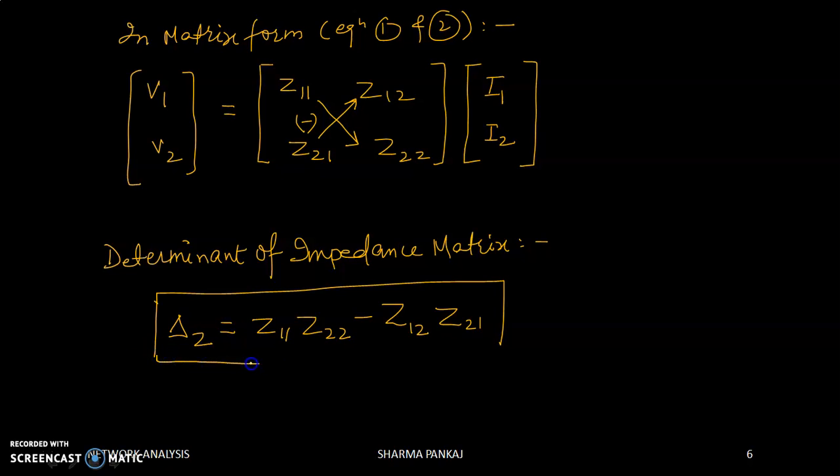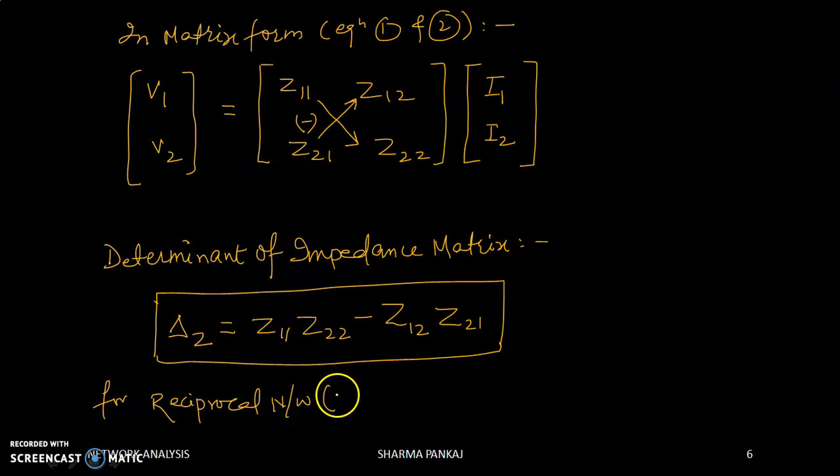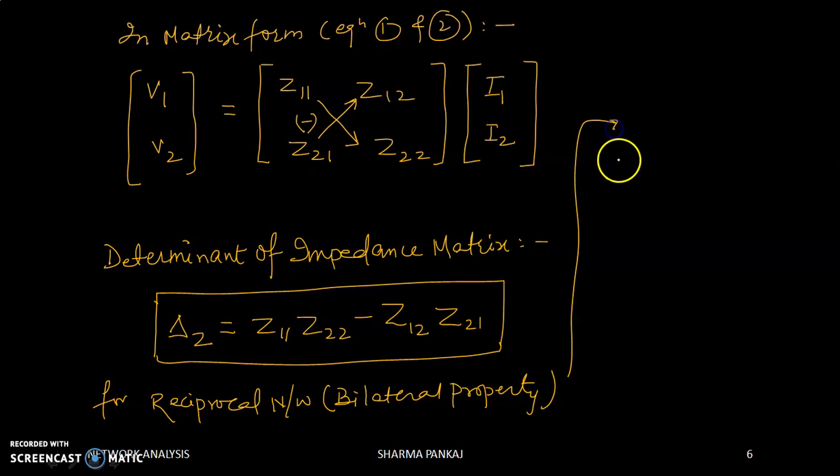Please keep in mind, for reciprocal networks, that is, networks which have the bilateral property, we have the condition that Z12 must be equal to Z21.